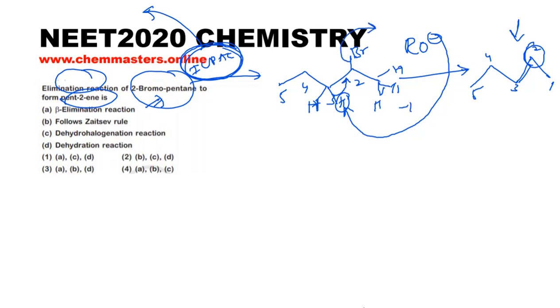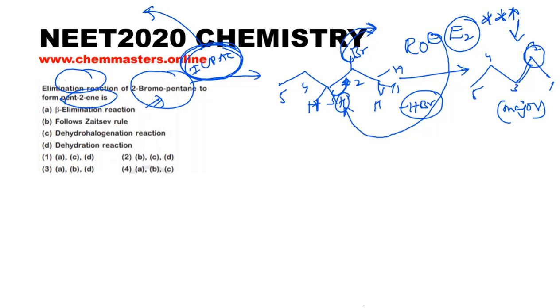In total, HBr cleaves from it and produces pent-2-ene as the major product. Here you can see that the elimination takes place in a single step. The base abstracts the proton, the bond electrons move here and bromine cleaves in a single step. That's why we consider this elimination reaction as an E2 elimination reaction.